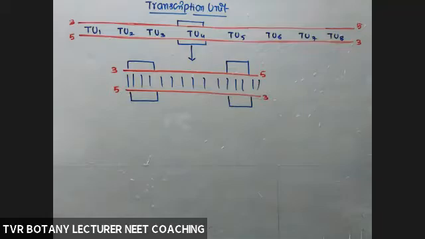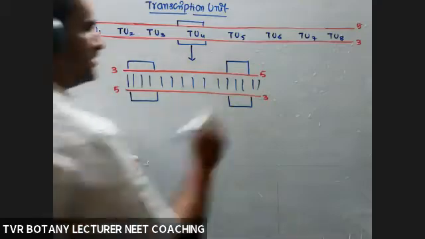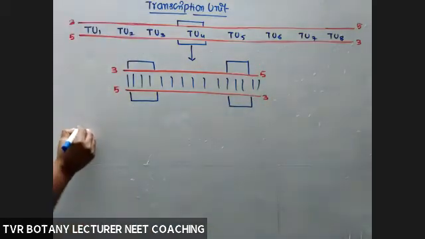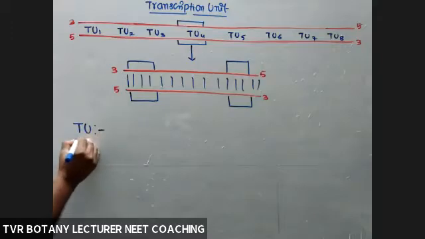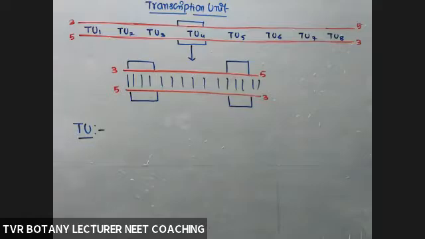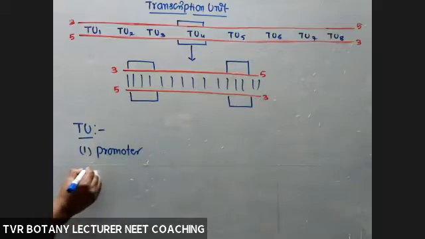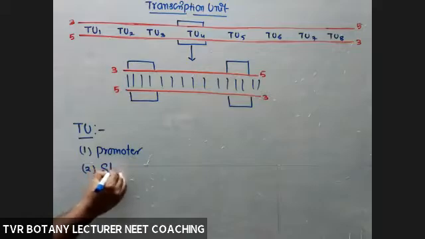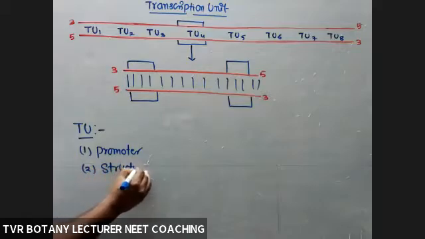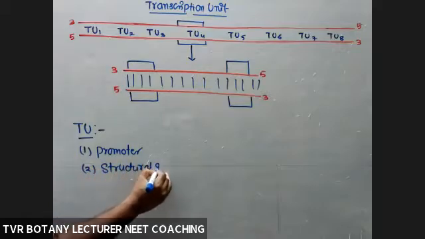Okay, right? So each transcription unit, TU, is with three parts, three zones. What are they? One is promoter. Second one, structural gene.